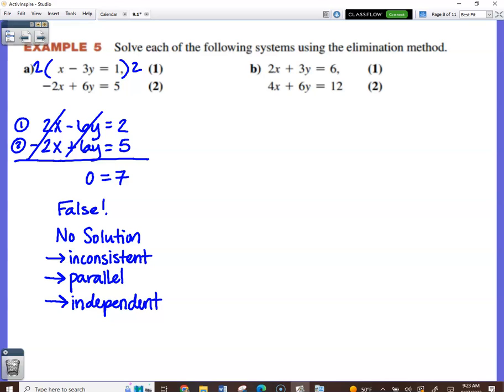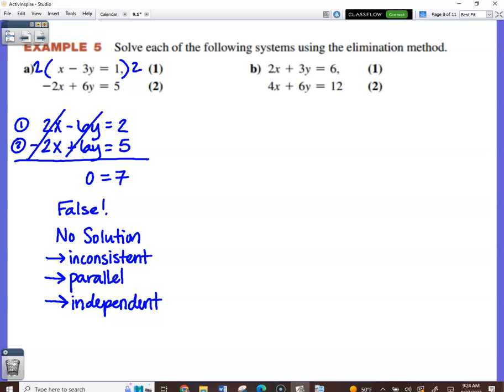Let's do B. You got 2 and 4 or 3 and 6, doesn't matter which one you shoot for. I chose to manipulate x, so I multiplied. Now the bottom equation has the larger numbers, so that means the top equation I need a negative, don't I?